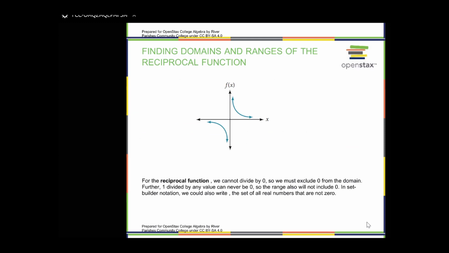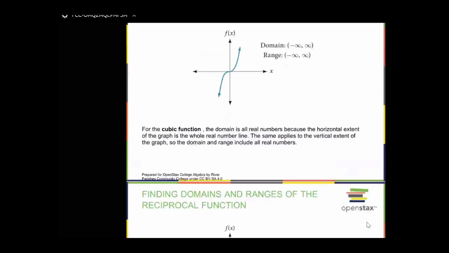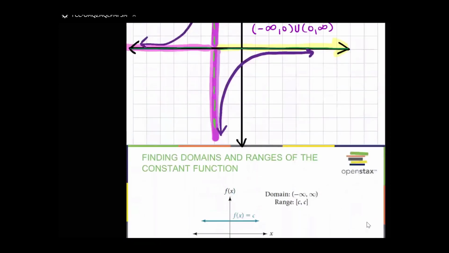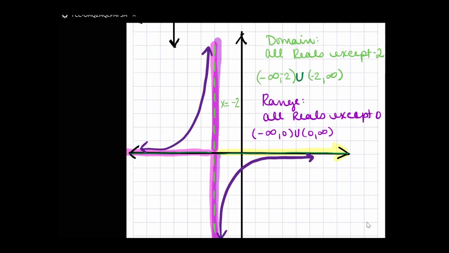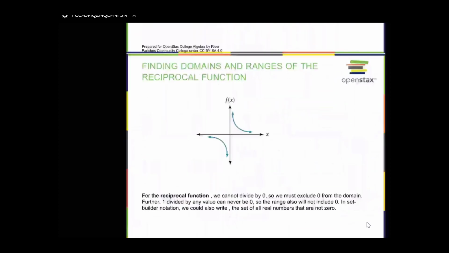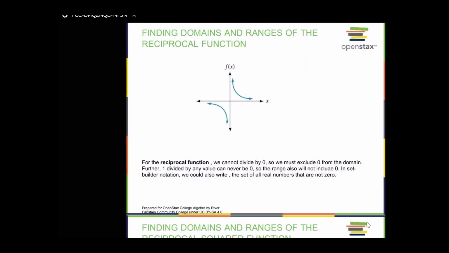For this one, this is very similar to the rational function that we saw up here. So if you look at the left side, the x's go from negative infinity to 0, except it doesn't include 0. It gets really close to 0 but never crosses it.